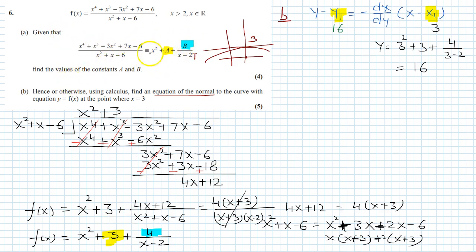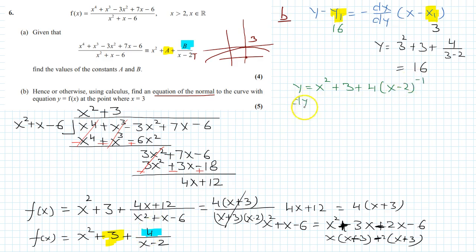Now we have to find dy over dx. So this is the equation: y is equal to x squared plus 3 plus 4 times (x minus 2) to the power minus 1.